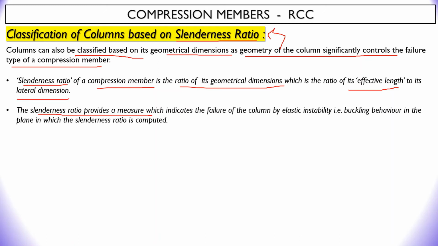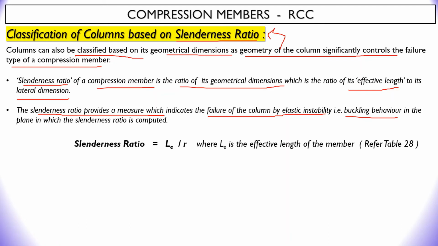The slenderness ratio provides a measure which indicates failure of the column by elastic instability. That means whether the column is going to fail by buckling or whether it is going to fail by crushing. That will be decided based on the slenderness ratio.